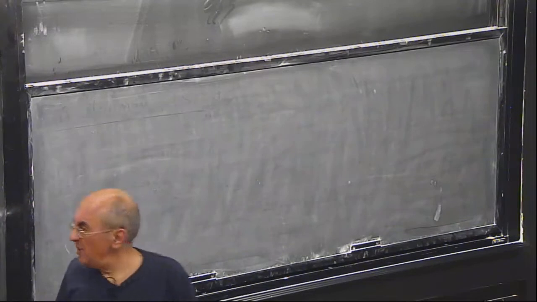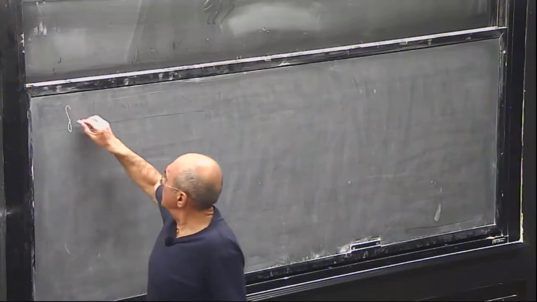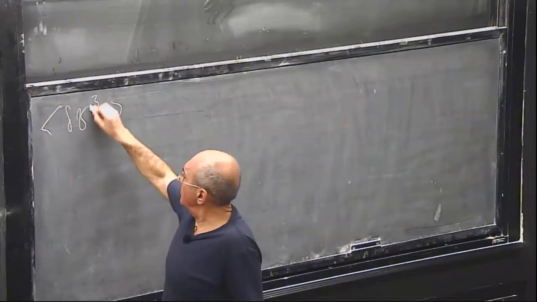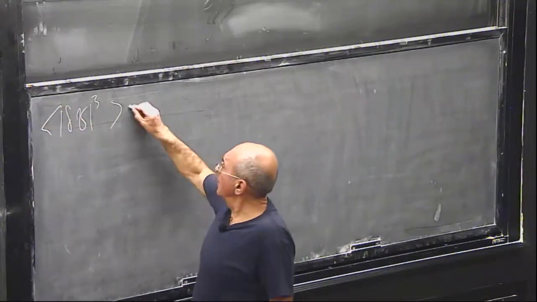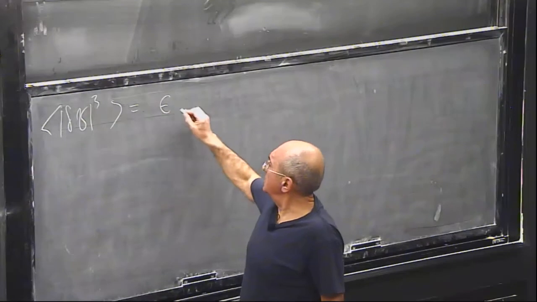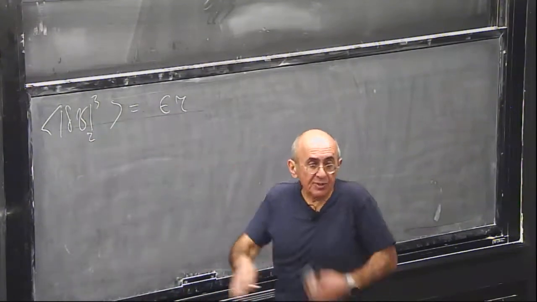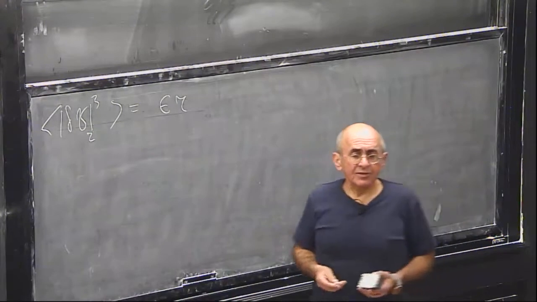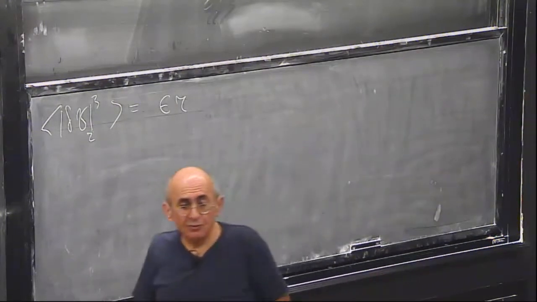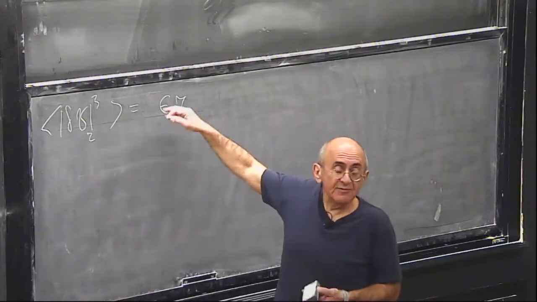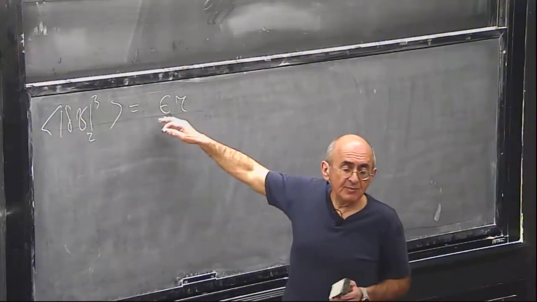scaling-wise, it's the same, right? When we ask what would be the scaling of delta V cubed, let's say the longitudinal component, we found again that it's just epsilon times r, measured at a distance r. You can derive the same equations that Kolmogorov derived in 3 dimensions, in 2 dimensions. You actually don't know what the sign of it is, but the sign is different, which you measure experimentally.